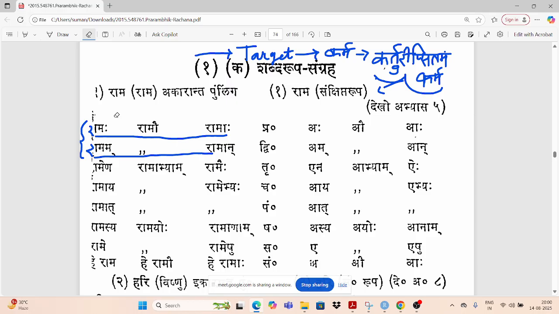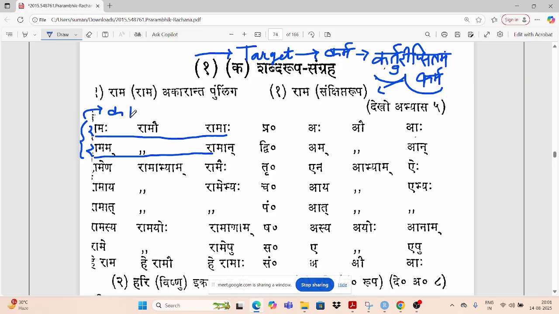This is also known as the Karta Karaka. Sorry, Karta Karaka, not karma, sorry. This is the Karta. And you can just write not even karaka. We will come to karaka theory later. But just karta.